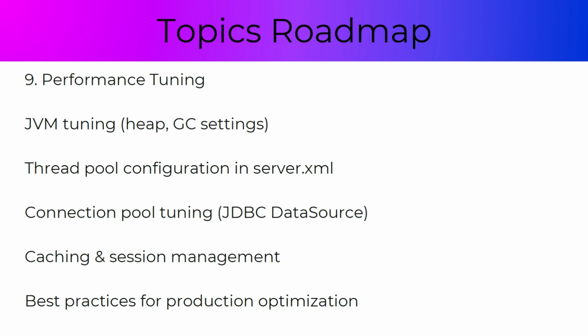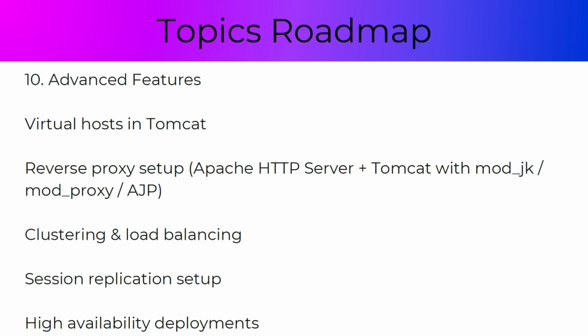Ninth topic will be performance tuning. Here we will learn JVM tuning, heap GC settings, thread pool configuration in server.xml, connection pool tuning, JDBC data source, caching and sessions management, best practices for production optimization.